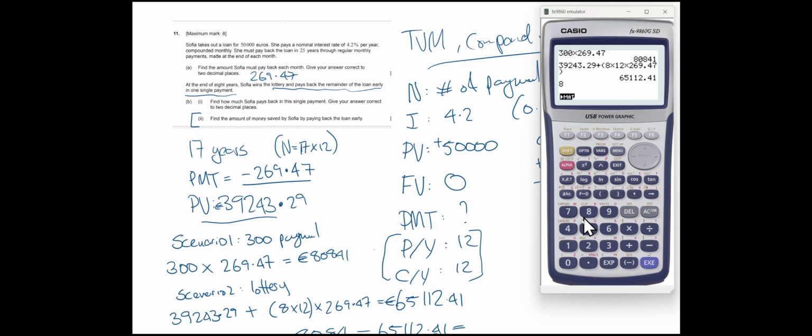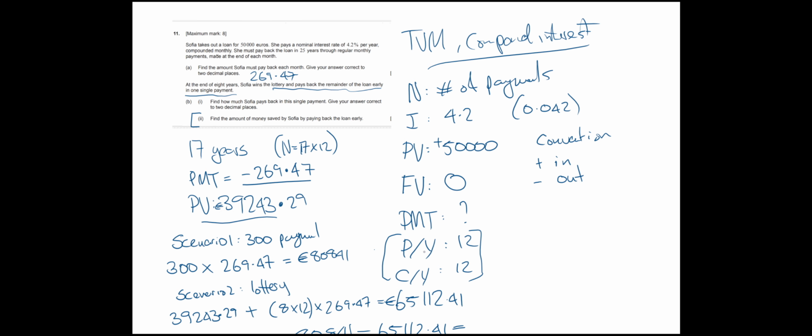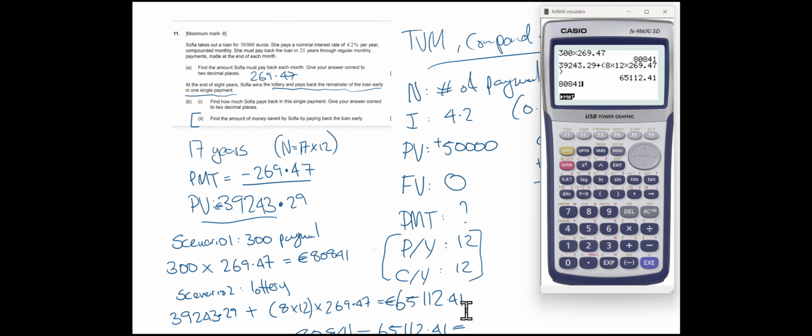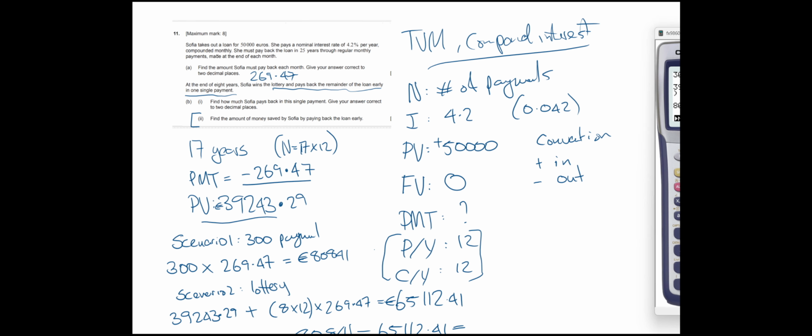So 80,841, minus 65,112.41, is 15,728 and 59 cents.